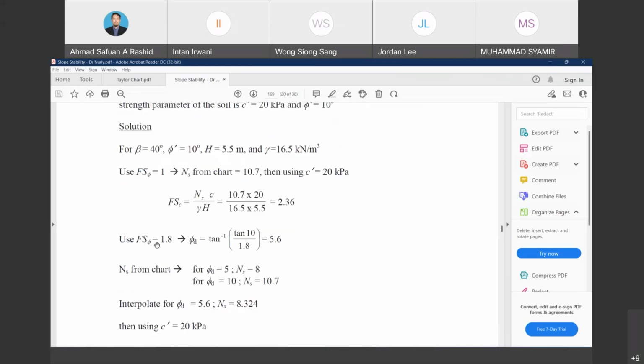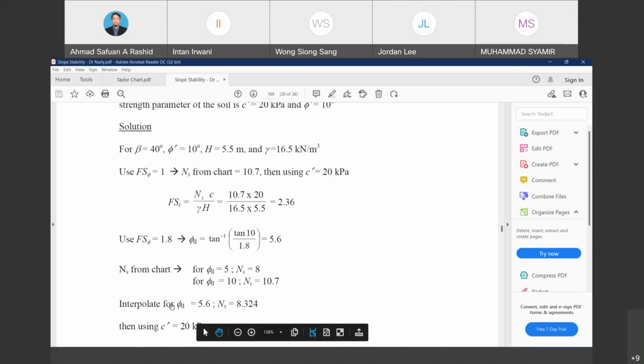So then she increased the factor of safety on phi. From phi d, she obtained 5.6. Because the chart doesn't have the value for exactly 5.6, in this case she used the interpolation method.